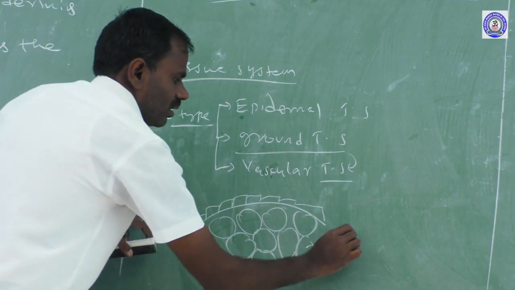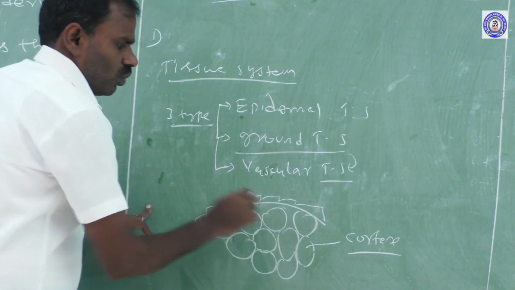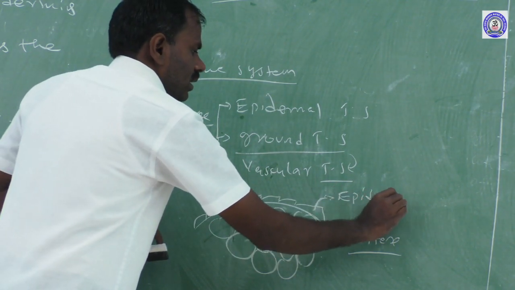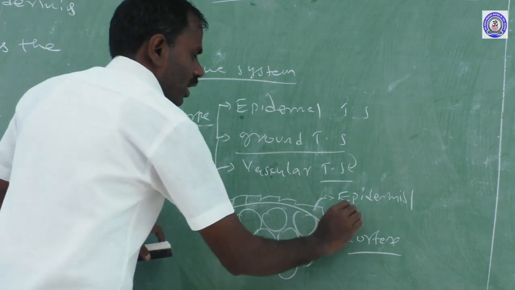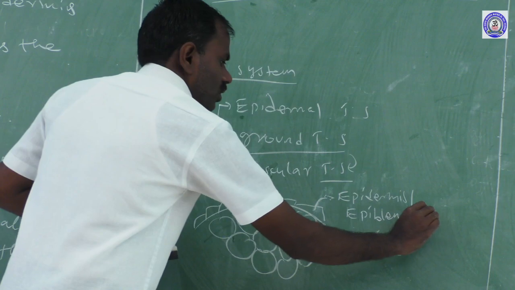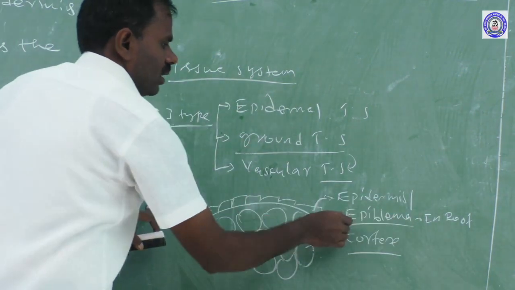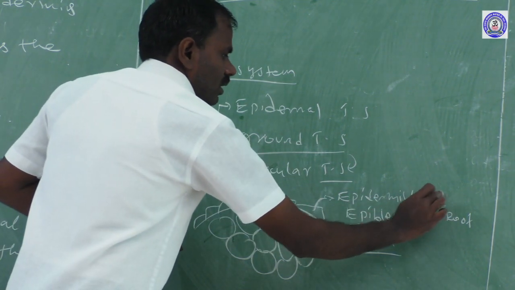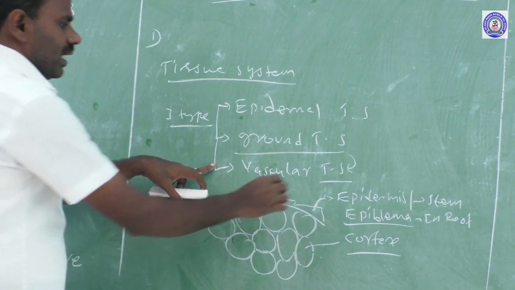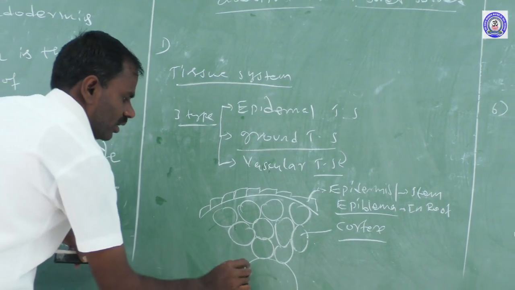This region is called the cortex. The outermost layer is called the epidermis in the stem system, or epiblema in the root system. The third layer is called the vascular tissue system. In the vascular tissue system, the innermost layer is called the endodermis.